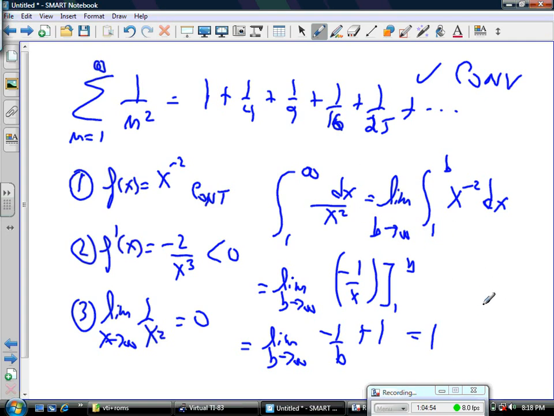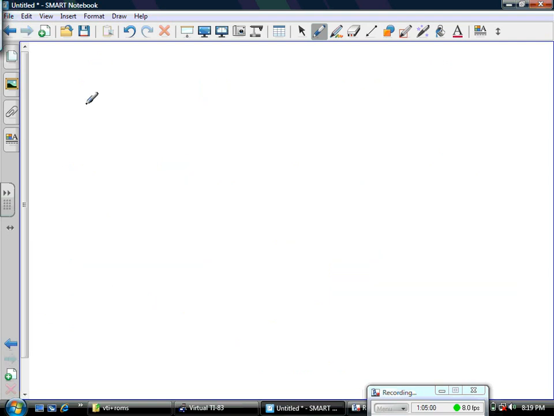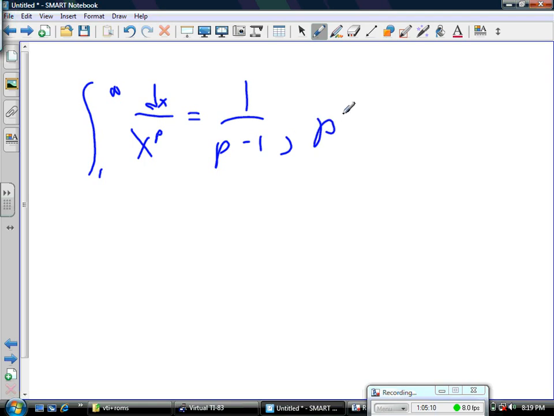If this is 2, you get 1 over 2 minus 1, which is 1. Remember p integrals? We wrote this down somewhere. P integrals from 1 to infinity converge to 1 over p minus 1 when p is greater than 1. So the integral we just did has to be this.